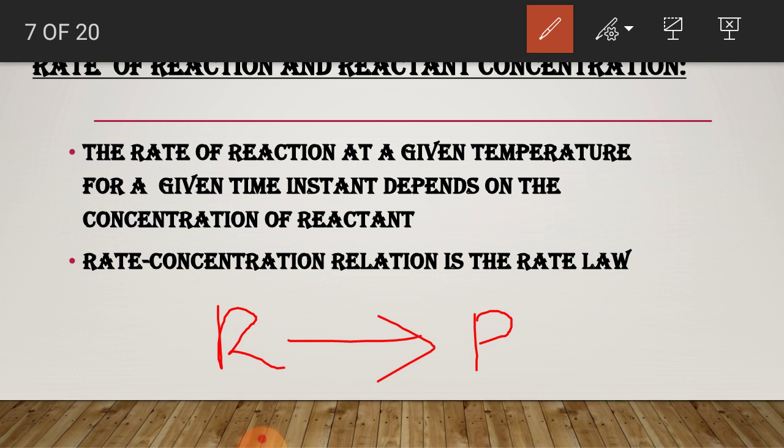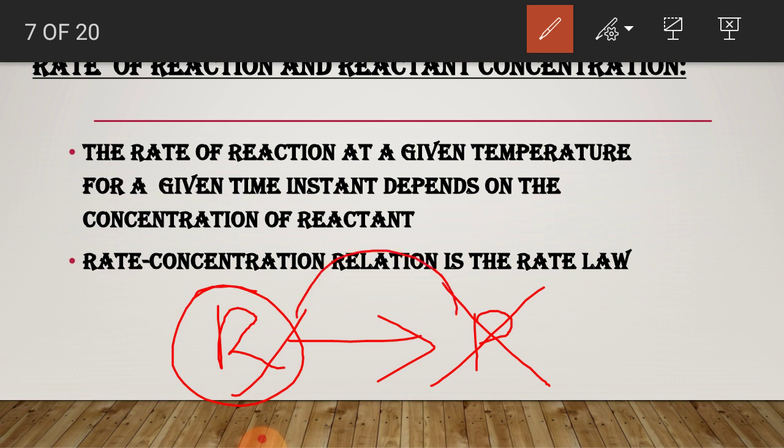The rate of reaction depends on the concentration of reactant. It does not depend on the concentration of the product. So remember, the rate of reaction depends on the concentration of reactant.